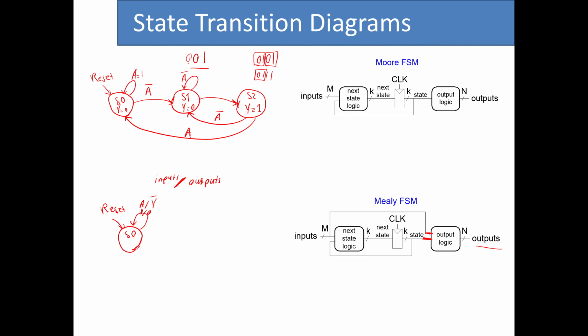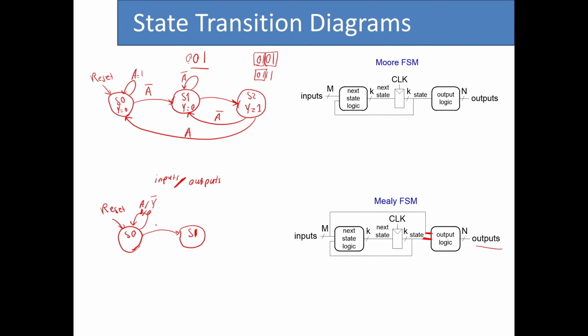So this first one is showing the input, the slash is the separator of the inputs and outputs, and 0 is the output. What if we have A to be 0? Then we can go to the next state. This is S1.